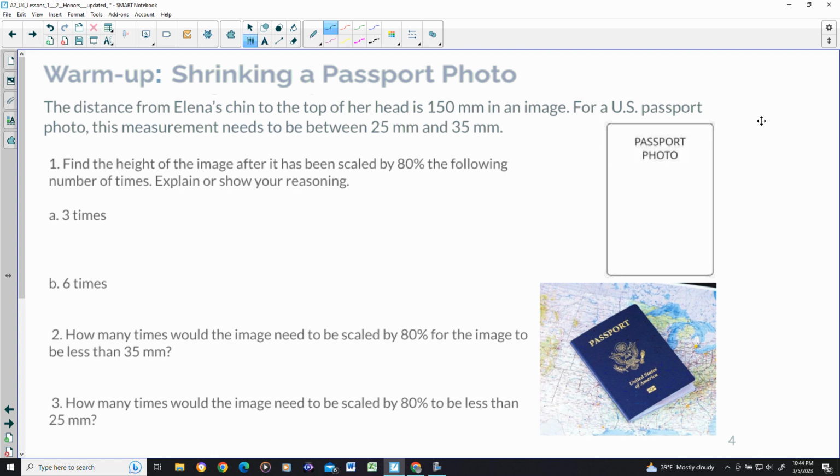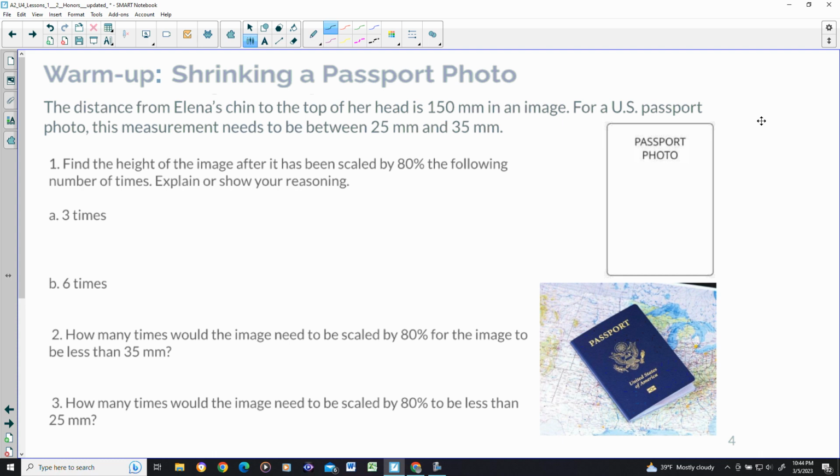Okay, so let's say we have an image and it's been scaled by 80%. So what does that mean? Scaled by 80% means that it's going to have 80% of the scale every time we apply it.